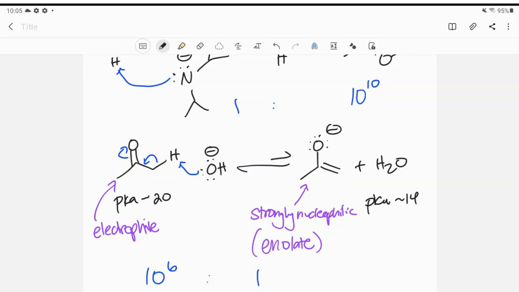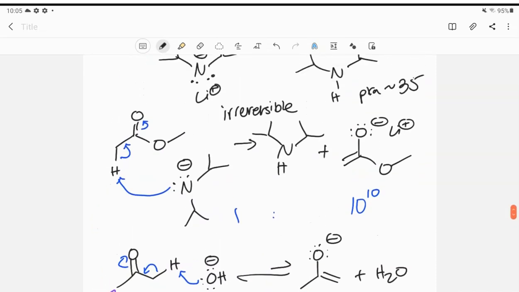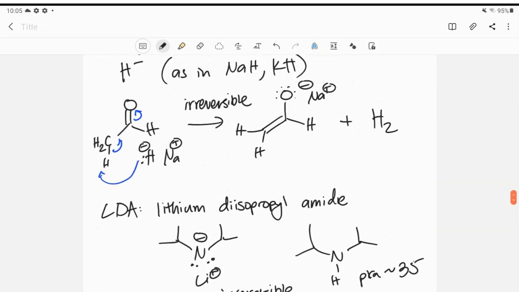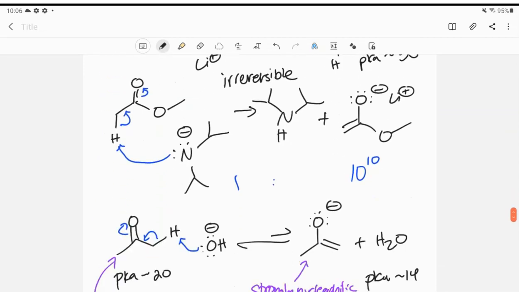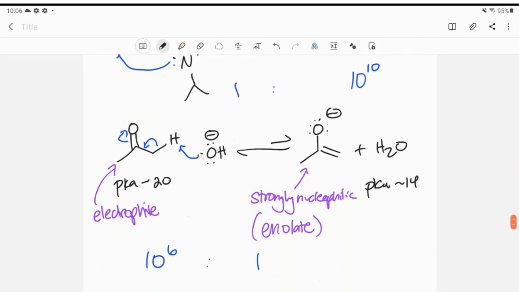So it's important that you choose the correct form, if that makes sense. So use the LDA or H minus when you need to. Use the OH minus if you can, if that makes sense.